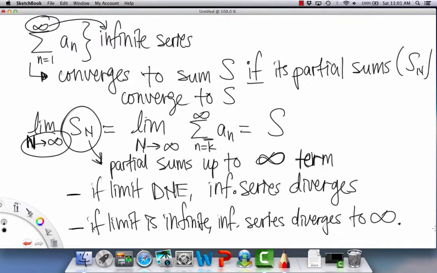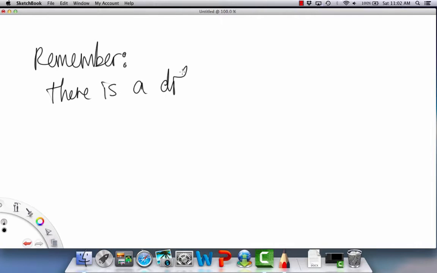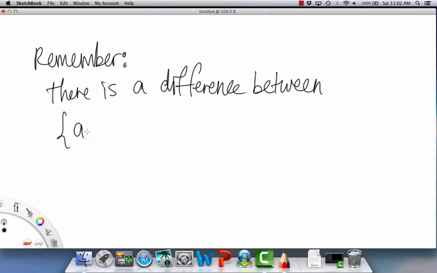Okay, and then the next thing, I'd just like to note, as your book also tells you, is to remember that there is a difference between a sub n and this.